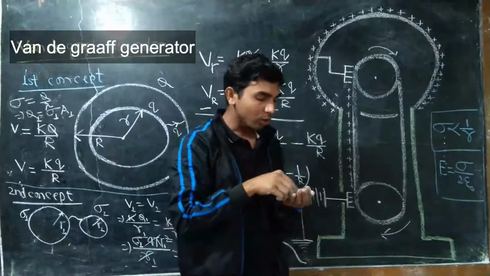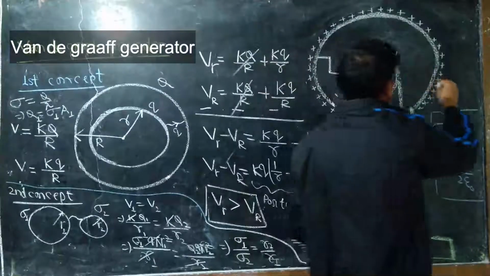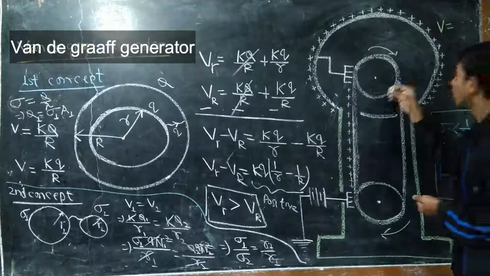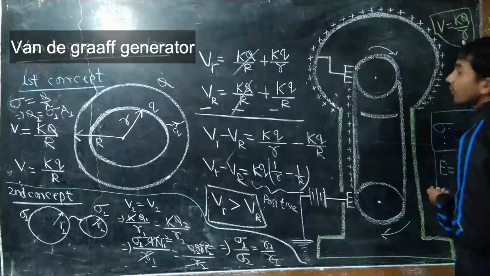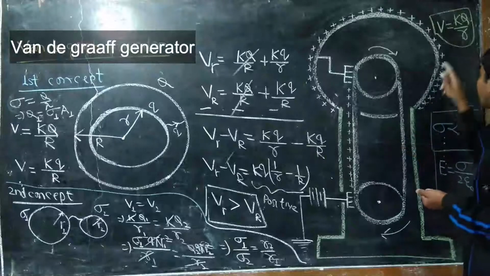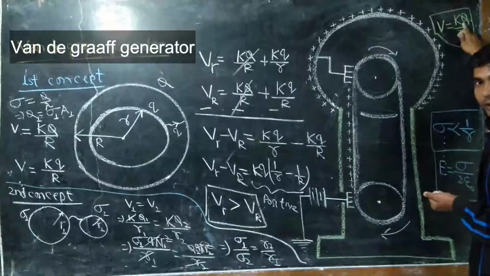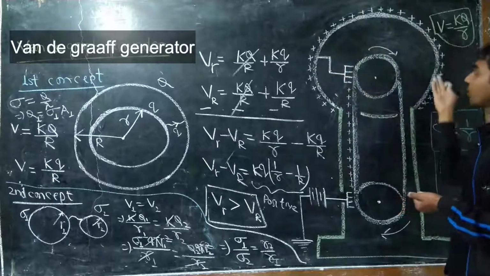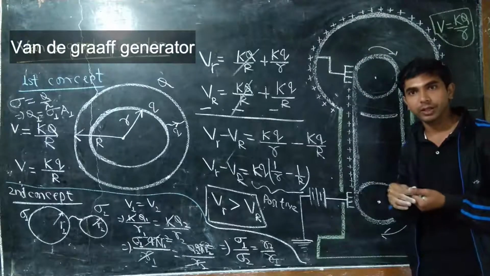For a higher potential, a higher charge is required, because you know the formula for potential due to a spherical cell: KQ by R. K is constant and the radius is also constant, so to create a higher potential we require a higher amount of charge. So we are trying to bring a higher charge onto this. How the charge will come, we are now going to understand.